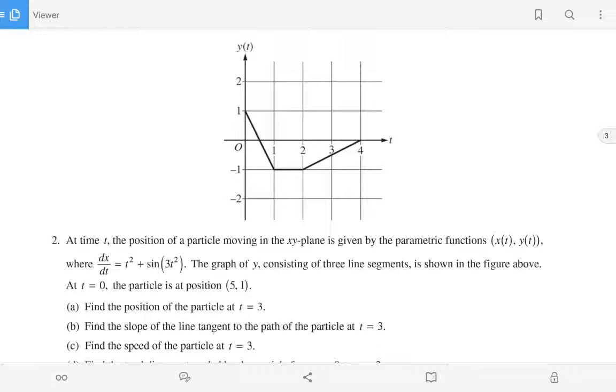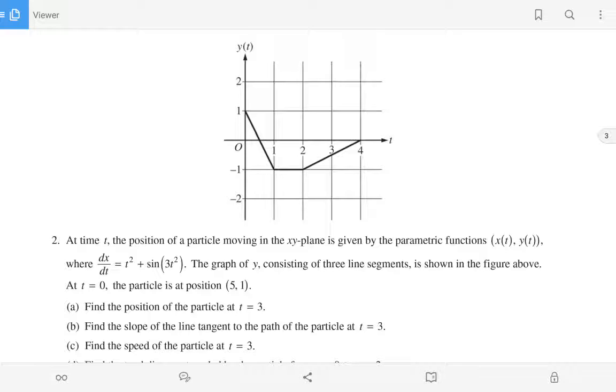And they gave you that at t equals 0, x equals 5. So, what if we did an integral from 0 to 3? They want that t equals 3, right? The integral of x prime from 0 to 3, isn't that x of 3 minus x of 0? And we know x of 0 is 5, so we can get x of 3.